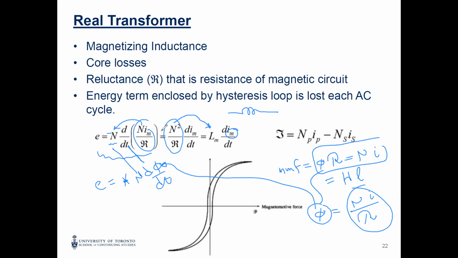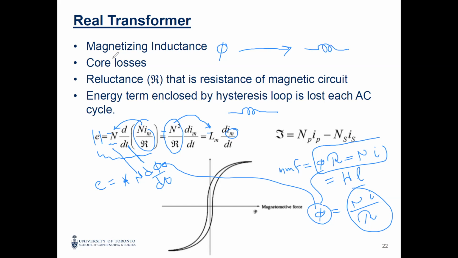We can put, of course, the negative sign here, but it doesn't matter because we look at the magnitude of the E. At the end, I want you to know, once we have the flux, it turns out to be inductance.